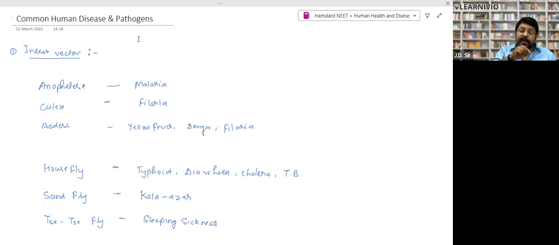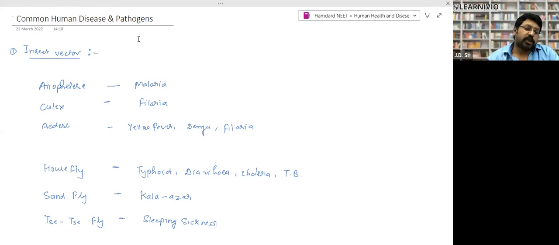So it has transferred disease from one place to another. So we can say that the housefly is a vector for cholera bacteria, Vibrio cholerae. Vectors are those which are not themselves infected with that disease, but they transfer a disease from one place to another.